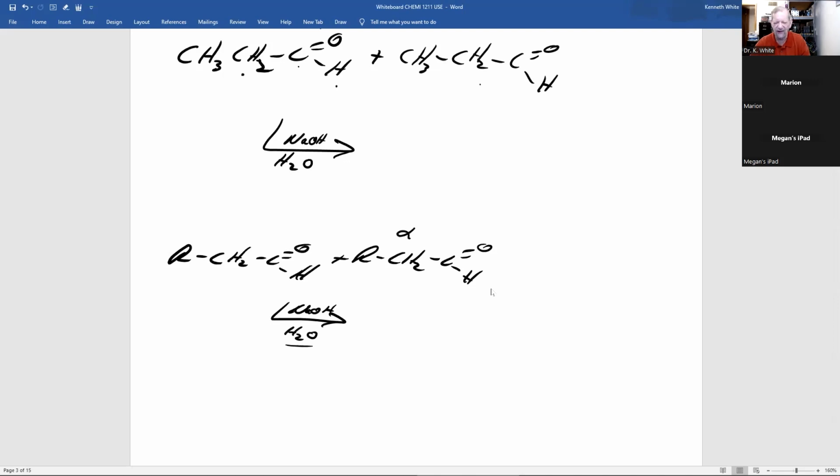The alpha carbon has acidic hydrogens. You pull one off, it attacks that. You pull one off, so instead of CH2, it's CH. And it's from the alpha carbon to the carbonyl carbon of the other aldehyde, and it opens it up to an alcohol. What's attached to it is still attached to it.